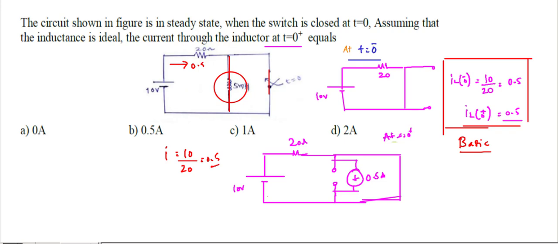This 0.5 amperes goes through the short circuit. With the switch closed, the total current is going through this short circuit, so the current through the inductor will be 0.